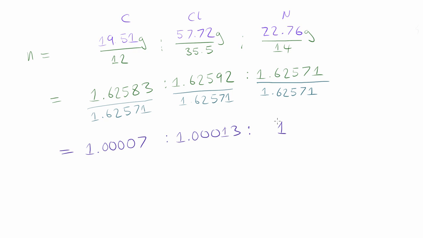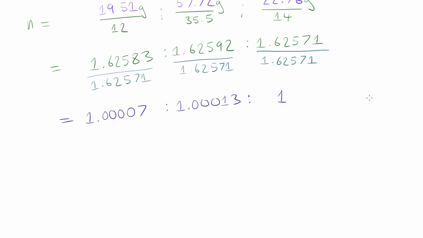Now, as I alluded to earlier, these numbers are very similar. When it was in the 1.625 and so on, they were already very, very similar. Now that I've gone through the process of dividing them all by the smallest number, it becomes even more unavoidably evident that these numbers are very, very similar.